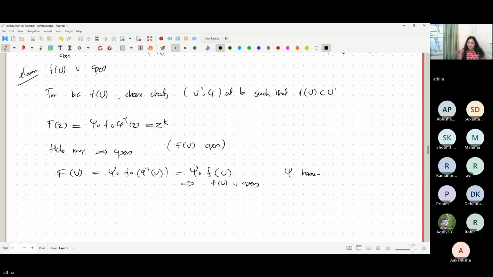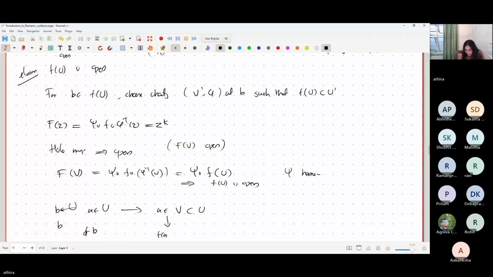Okay. Here I proved this theorem by taking U as a chart. If U is not a chart, then find a chart which contains the point. If a belongs to U, then find a chart V contained in U and do the same procedure here.